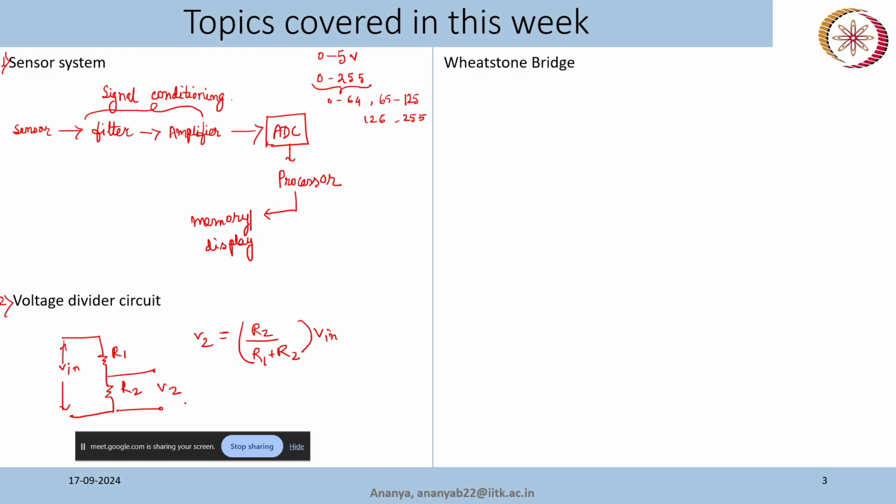That can give an indication about the change in resistance, because if the resistance changes, the voltage across the sensor also changes, and we can correlate it with the input signal. So this was the first circuit that we discussed.